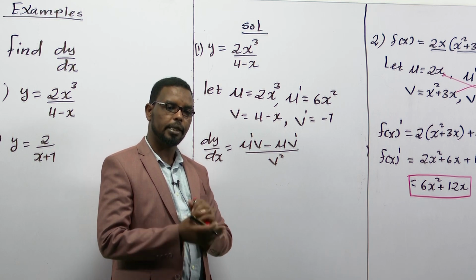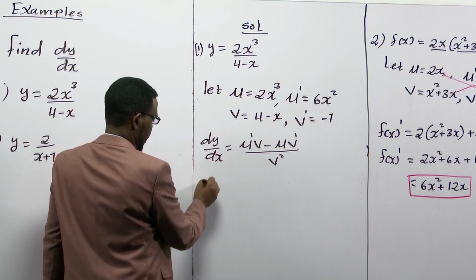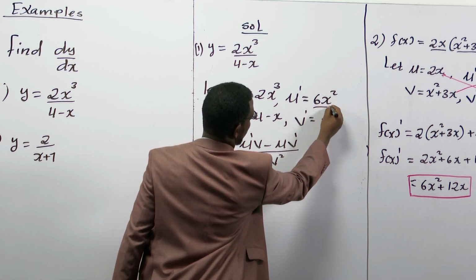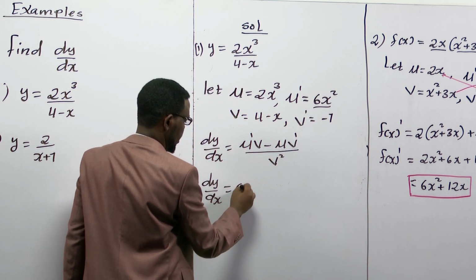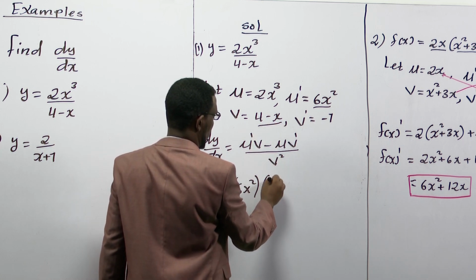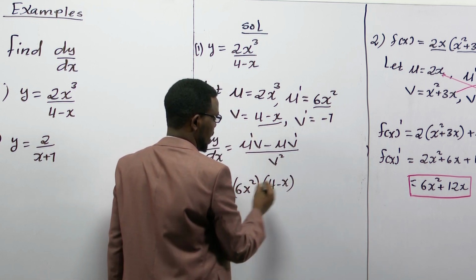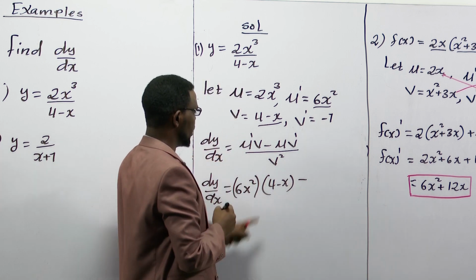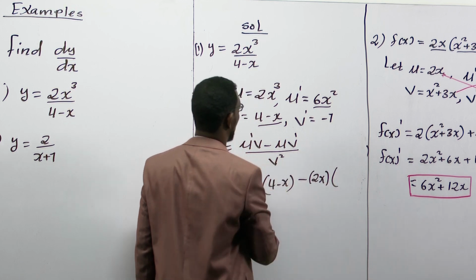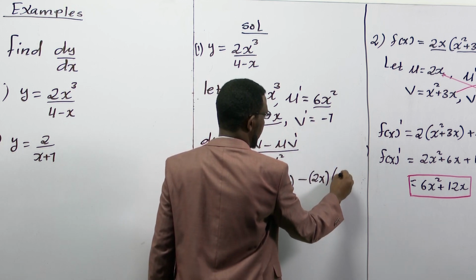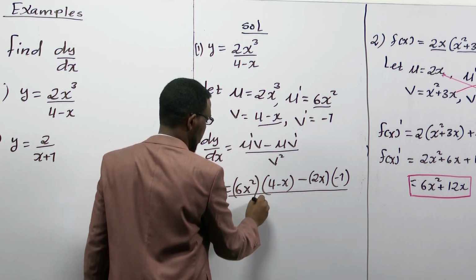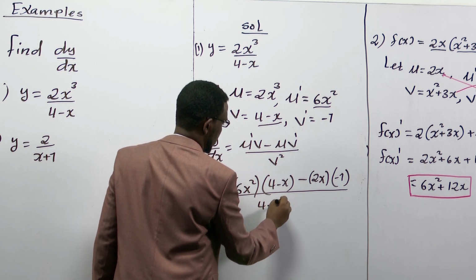Then we should make substitution. dy/dx is equal to, u prime is 6x squared, times phi, which is 4 minus x, minus u, which is 2x cubic, times phi prime, minus 1, divided by phi, which is 4 minus x whole square.